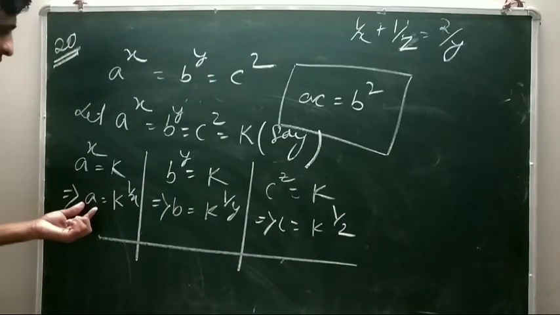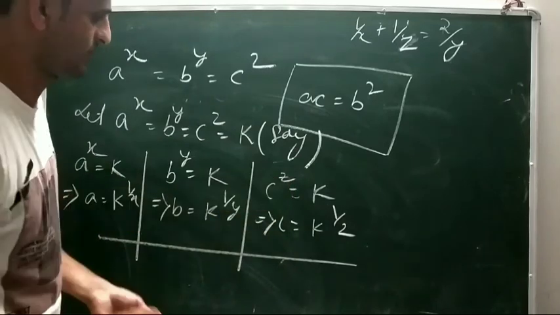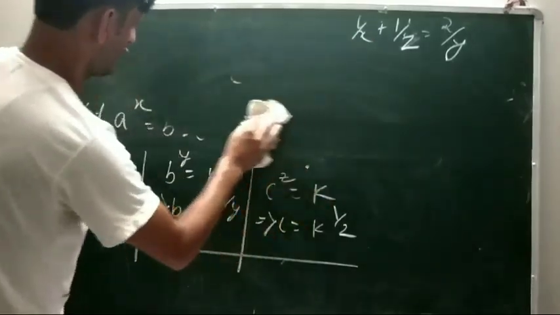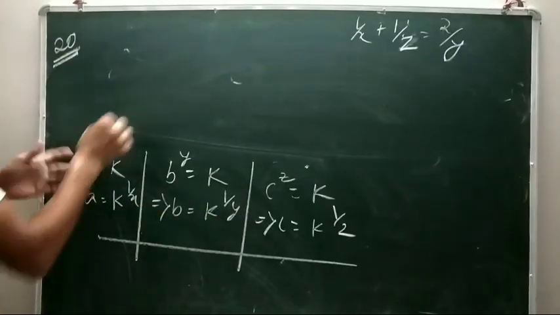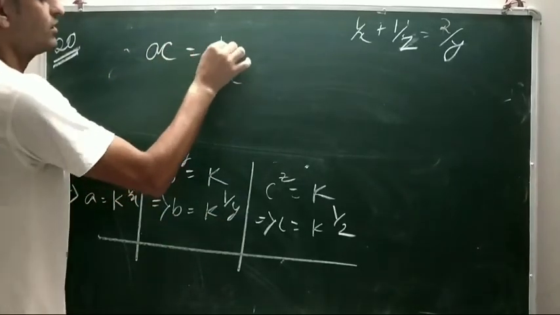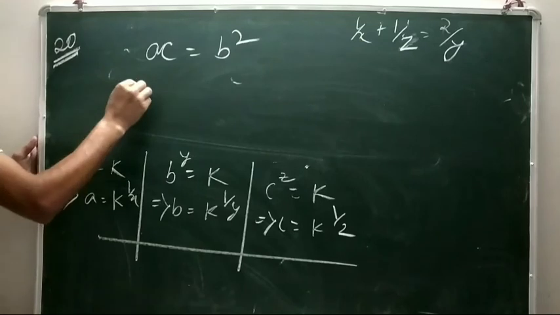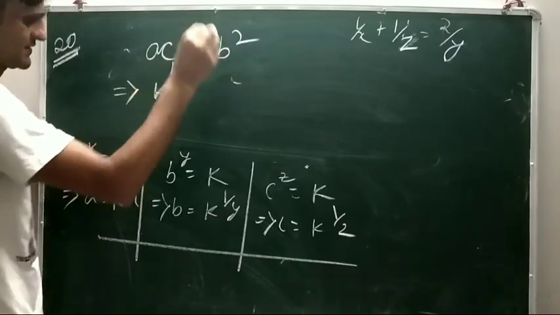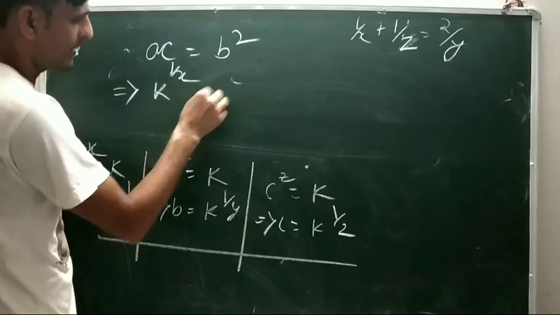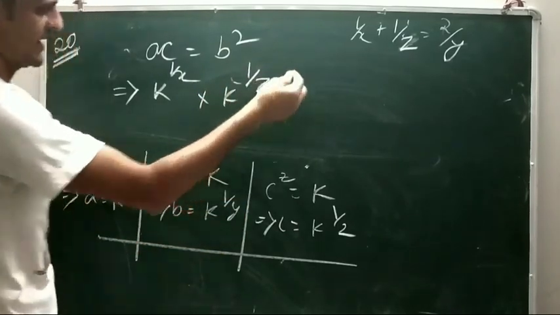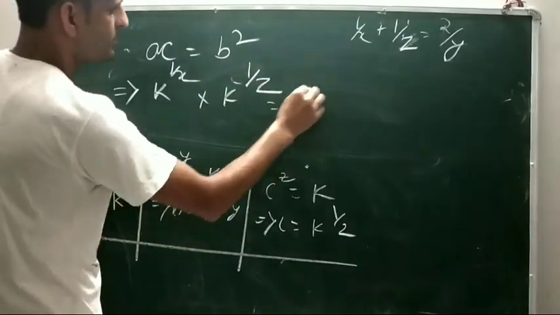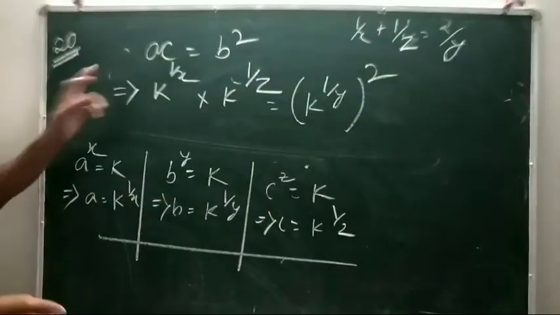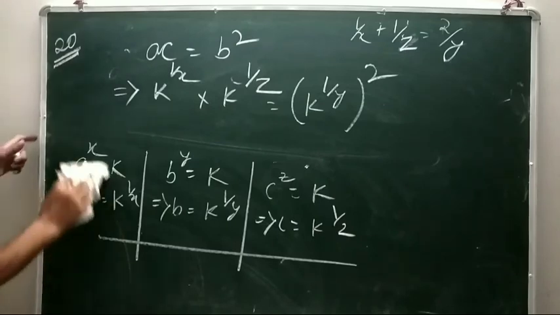Now we will put the values of a, b and c in the given condition. ac is equal to b square. A is k to the power 1 by x, c is k to the power 1 by z, and b is k to the power 1 by y, but it is b square, so it is the square of that. Now let us move to the next step.